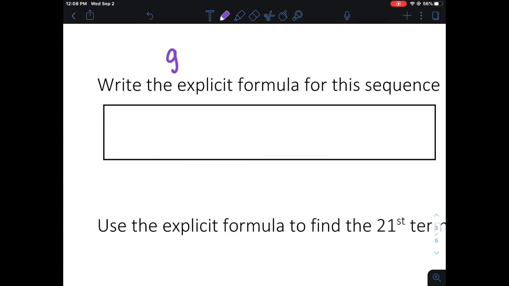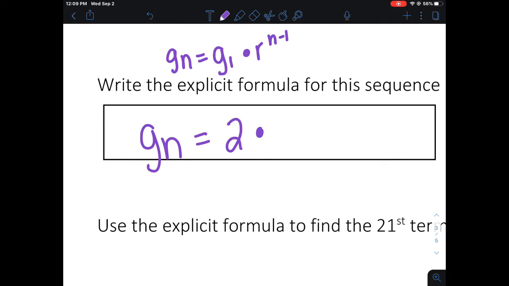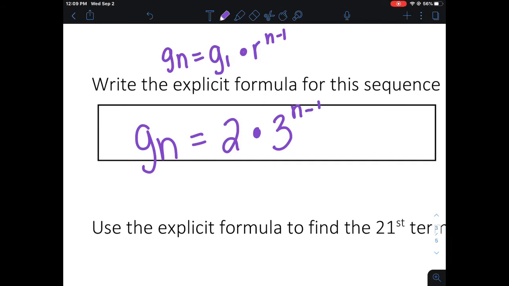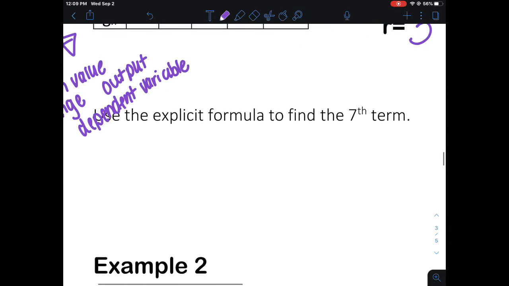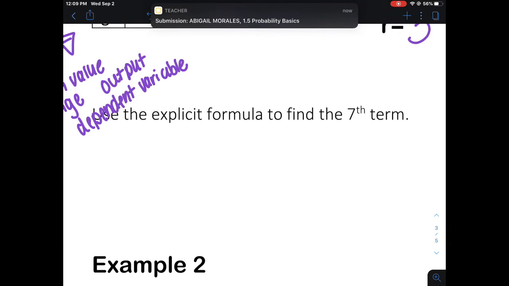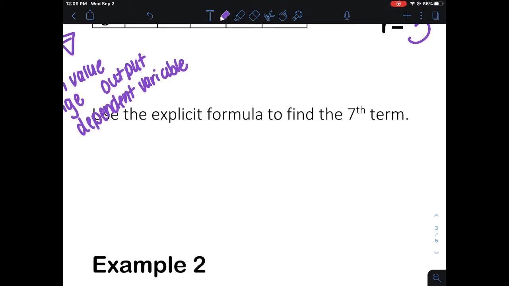Then we're going to use that and write our explicit formula. G sub n equals first term times 3, which is the common ratio, to the power n minus 1. Notice I wrote that n minus 1 smaller and up top in relationship to that 3, so I don't get confused. Use the explicit formula to find the 7th term.